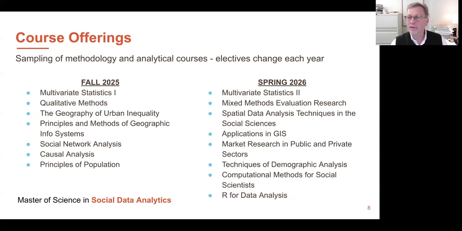Now, in any given semester, our courses generally fall into three broad groupings: advanced statistics, spatial analysis, and qualitative and mixed data methods. The qualitative methods cover things like ethnography, focus groups, computational sociology, which is basically focused on big data and web scraping, and content analysis.